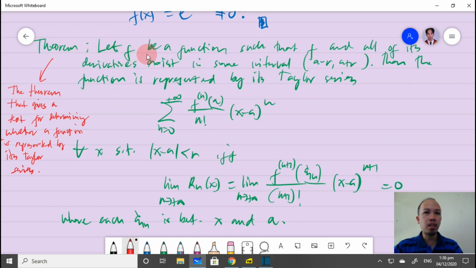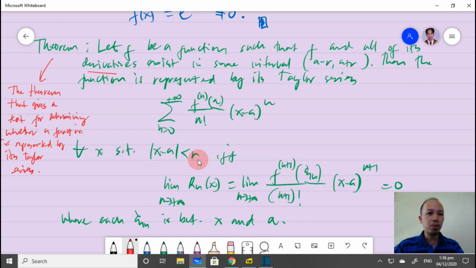You're given a function f with all its derivatives, we know this one already, in some interval, where r here is the radius of convergence. Then the function is represented by its Taylor series for all x. Remember that this is for all x in this interval of convergence.